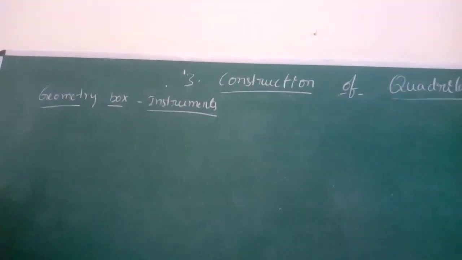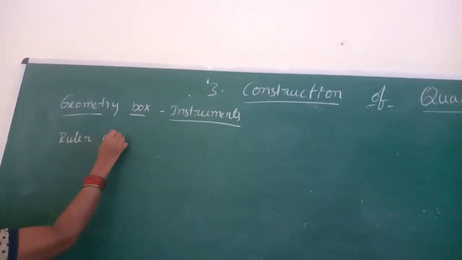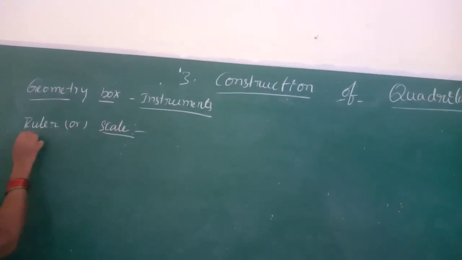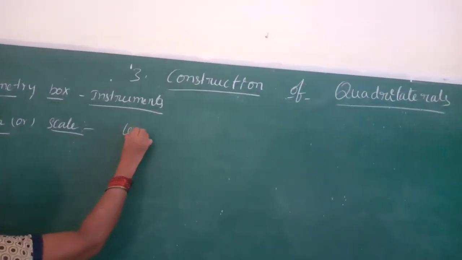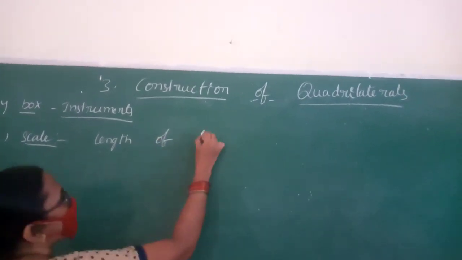Instruments: Ruler or scale. For which purpose is it used? To find the length of a line segment.